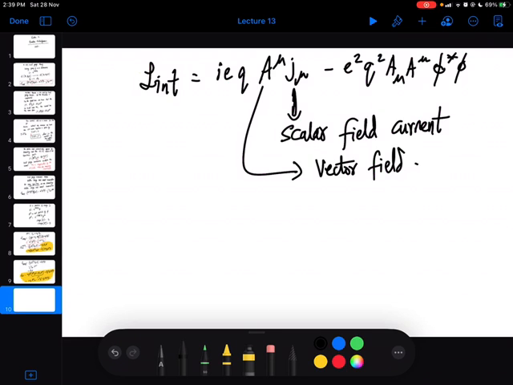Now how does it interact? This term, which I said I'll be looking into a number of times, is the strength of the interaction.